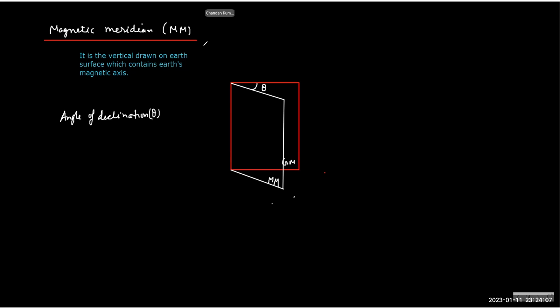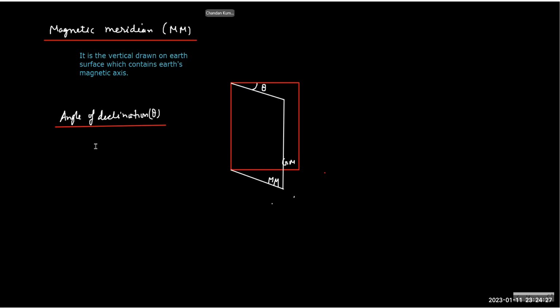So what is the angle of declination by definition? Tell me, guys. It is the angle between the geometric and magnetic meridian drawn at a point on the Earth's surface.